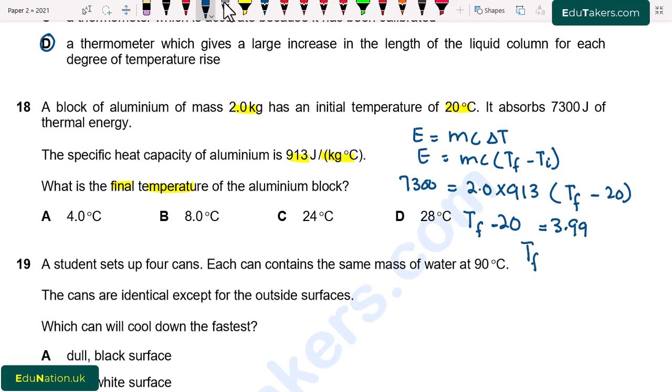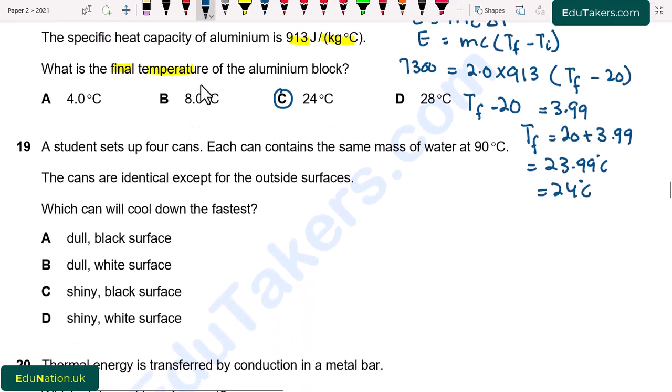So Tf will be equal to 20 plus 3.99, which is 23.99 degrees C, and it is also equal to 24 degrees C. It means that option C is correct.